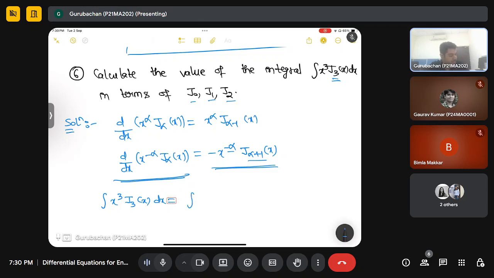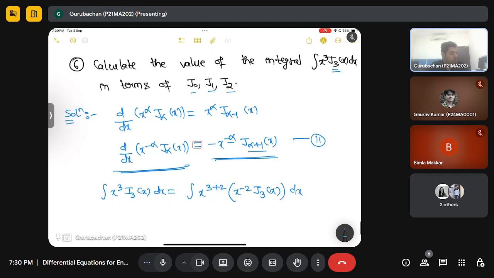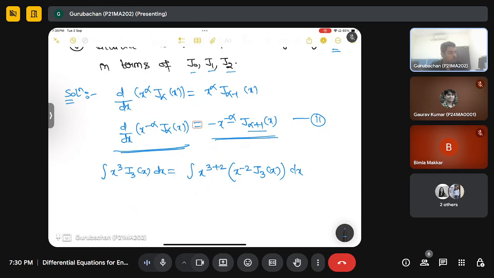To make that, we will add 3 plus 2 minus 2, J3 x dx. Now by this equation number 2, for alpha equal to 2, we will get x to the power 5 d by dx of x to the power minus 2 J2 x.